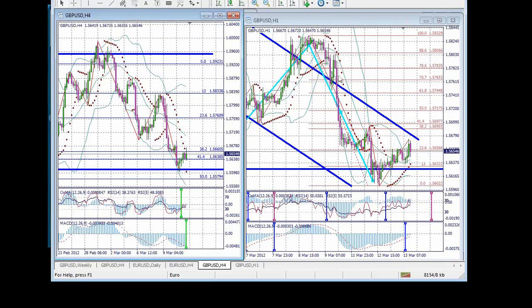Of course, we have to look also and make one correlation between the position that we have and the time frames that we are looking for signal.